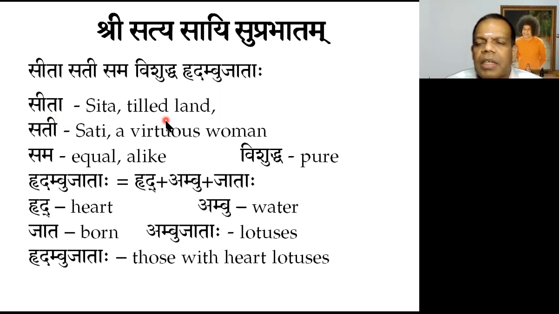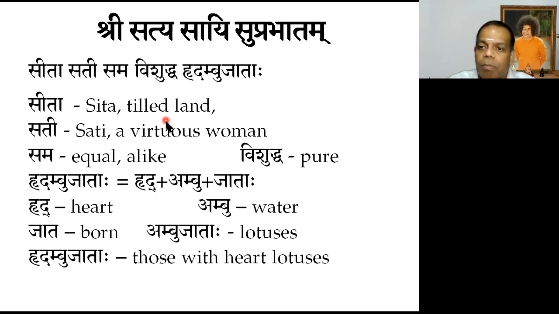It also means tilled land. Sita was supposed to have been found in the tilled land. Janaka Maharaja is supposed to have been tilling the land. One would wonder how kings do that. Those days, kings also worked in the fields. So he was tilling the land and he found Mother Sita, supposedly.